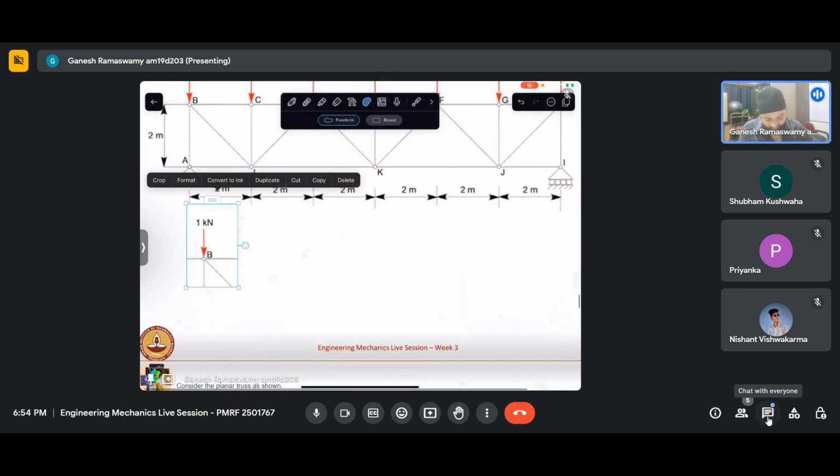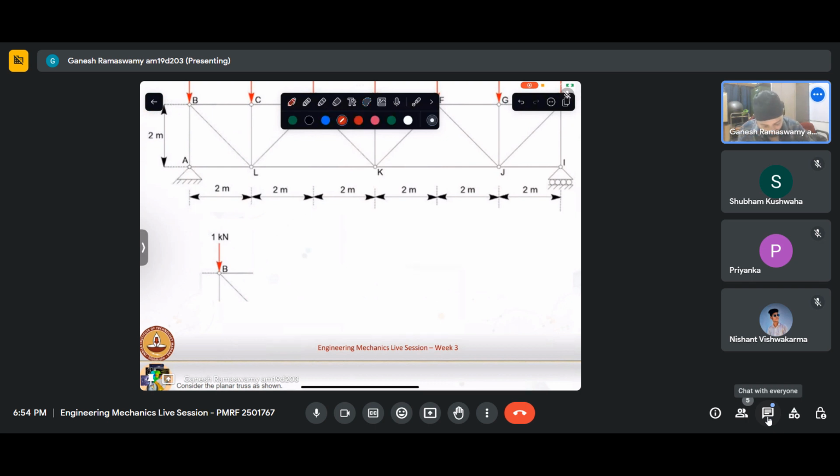So essentially what this section does is it will expose the unknown forces. This is actually a dimension line. So I'll have a force like that, I'll have a force like that and one like this. So when I cut a section, cutting a section is equivalent to exposing the unknown forces, unknown member forces.